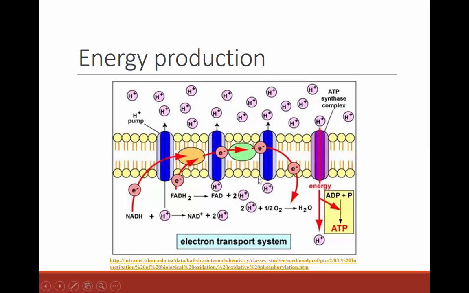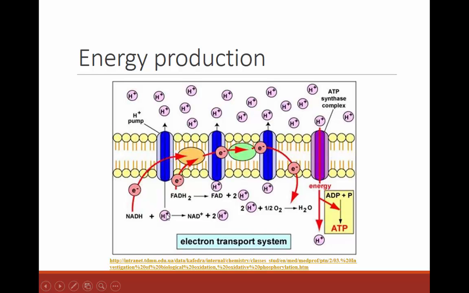Okay, so that looks pretty messy, but just bear with me for a minute. So if we look here first at the electrons, okay, we've got electron movement and a couple of different steps. So there's about 4 complexes that it moves through, okay?